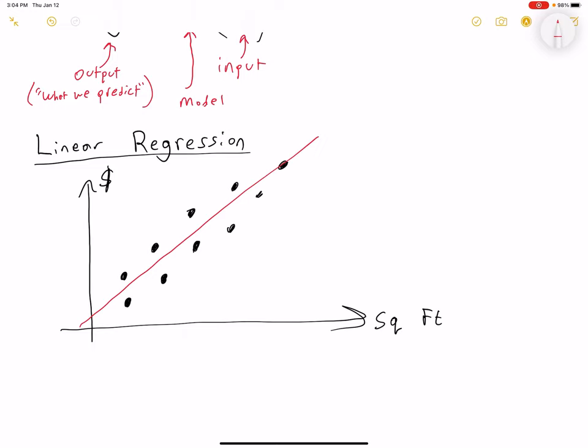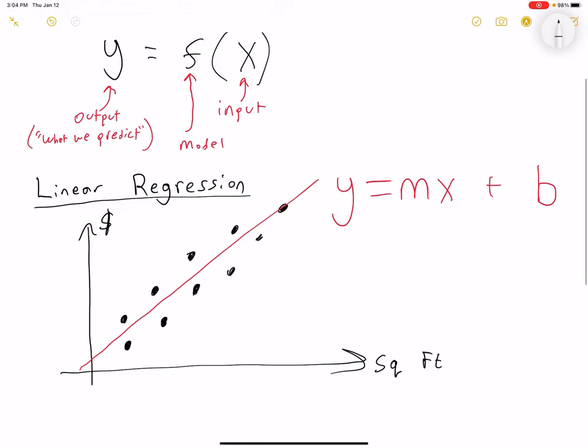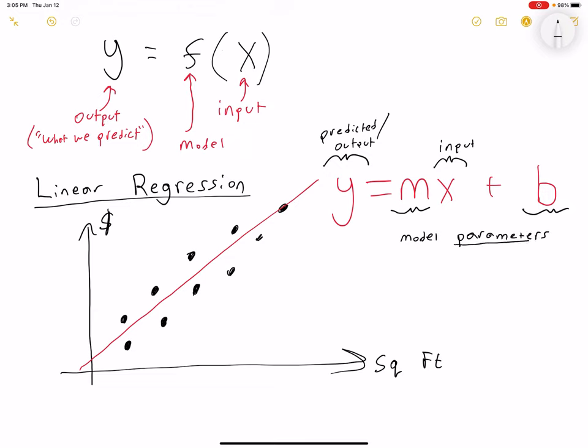So specifically, this line of best fit has an equation y equals mx plus b, where, again, the x is the input to the model, y is the predicted value, or the output, and m as well as b are what we call model parameters. Parameters are what the model learns.